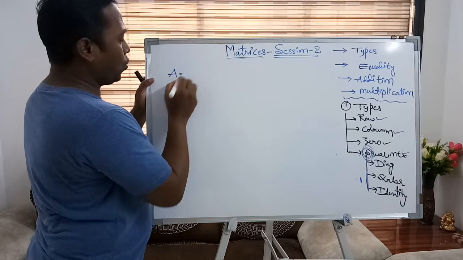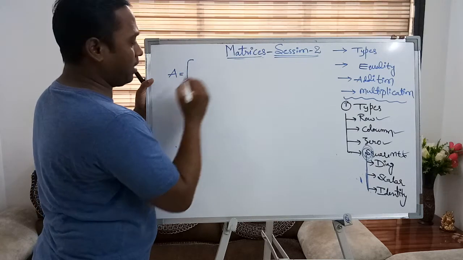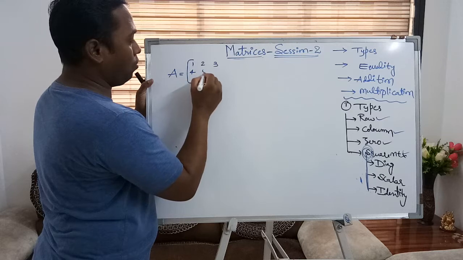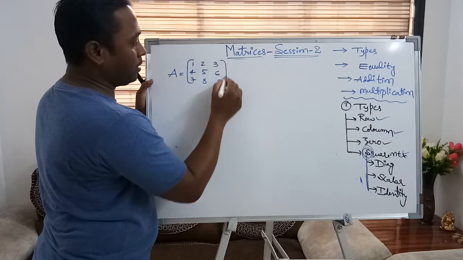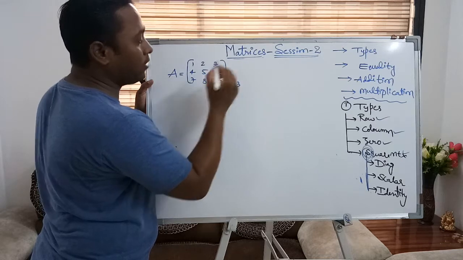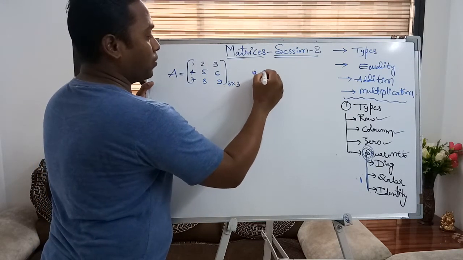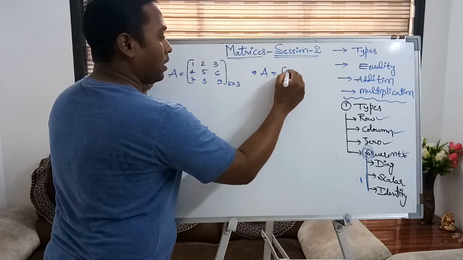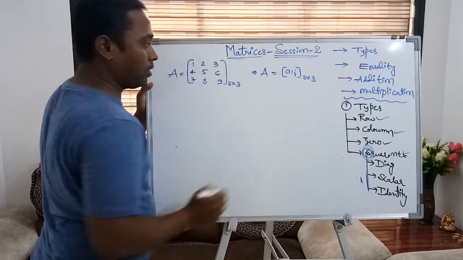So if a matrix A is a 3 by 3 matrix, I am writing 1 2 3 4 5 6 7 8 9. Purposely I took an order of 3 by 3, where the symbolic notation of this matrix will be A equal to Aij, a 3 by 3 matrix.